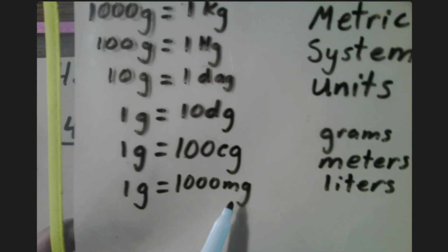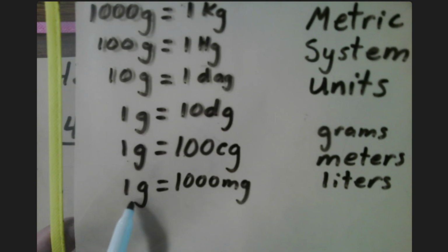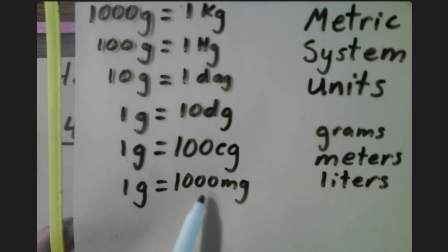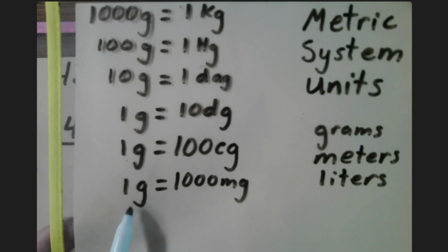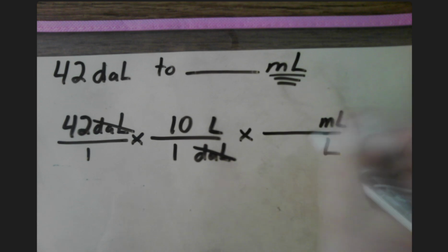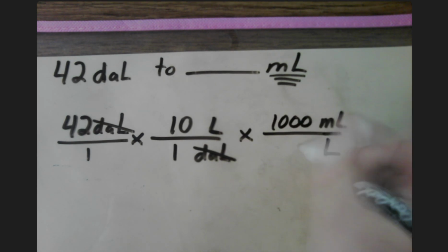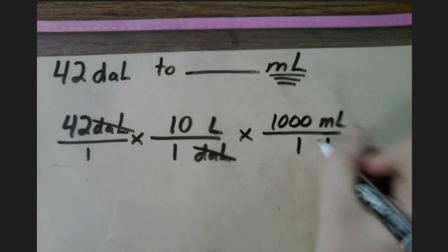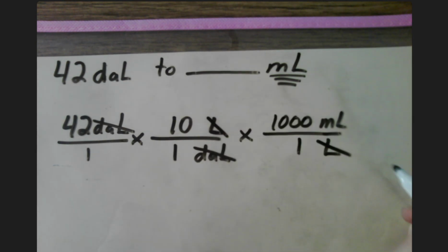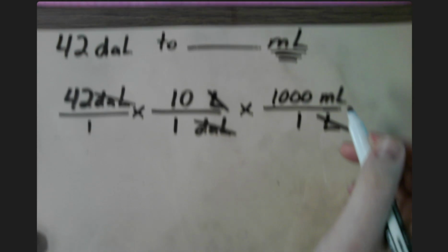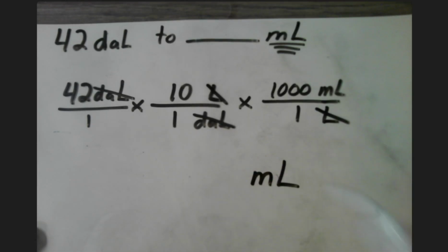Well, it's down here. Here's milliliters. So 1,000 milliliters is equal to 1 liter. Now we're going to write that. 1,000 milliliters is equal to 1 liter. Now we can cancel out our liters, and all we're left with is milliliters, and that's what we want. So it's going to be milliliters. Now we actually do the multiplication.